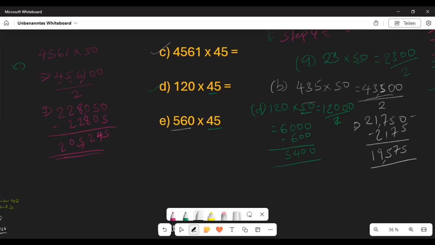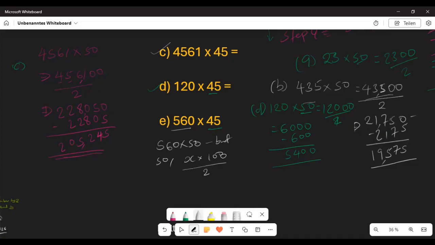560 is also the same, not so difficult. So the first step I'm going to say is 560 multiplied by 50. But to multiply anything by 50, just have x multiplied by 100 and divide by 2.